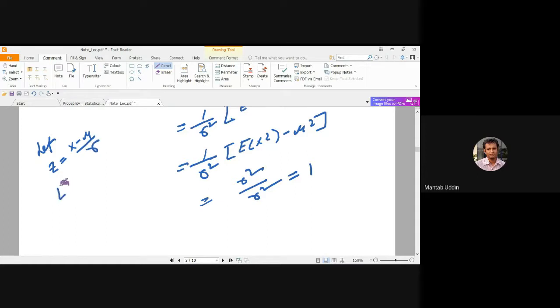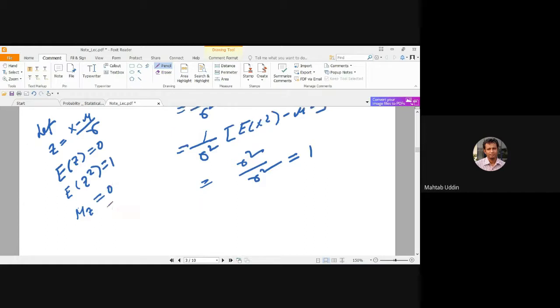Then the expectation of z is equal to 0, and the expectation of z square is 1. So the mean of z is 0, and the variance of z is 1 minus 0 square, equal to 1. So if you convert to z, its mean is 0 and variance is 1.